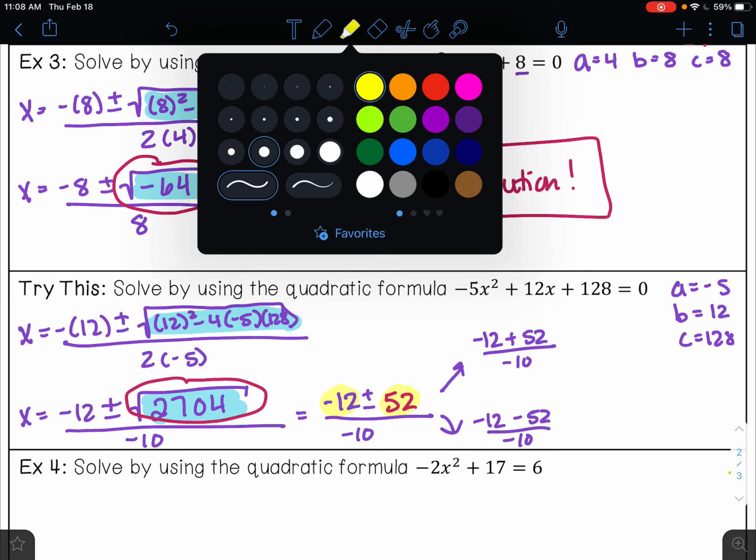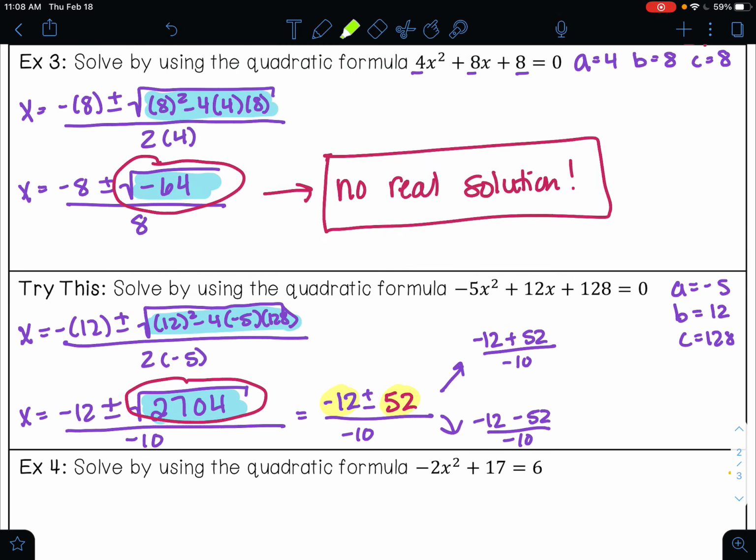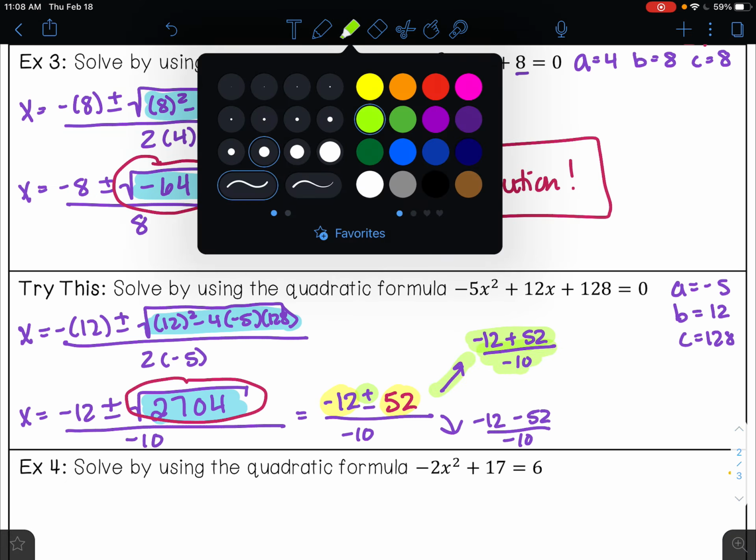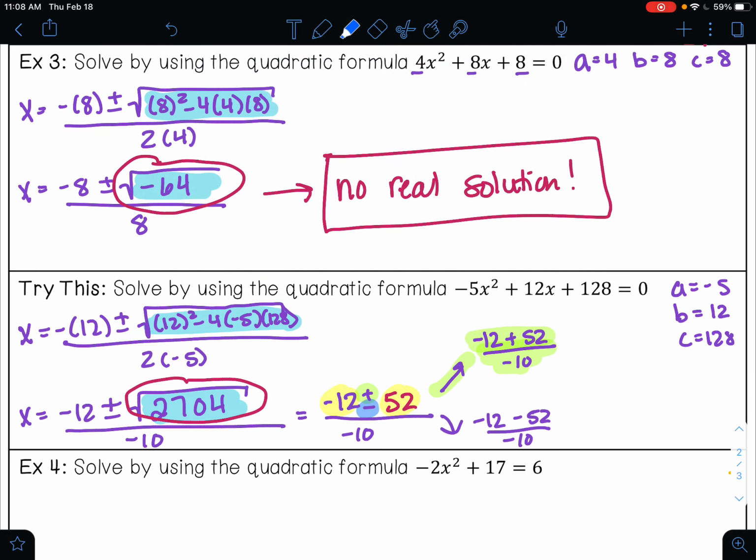I have two equations because I have one for the plus sign and one for the minus sign. So now I can go ahead and solve each of these equations.